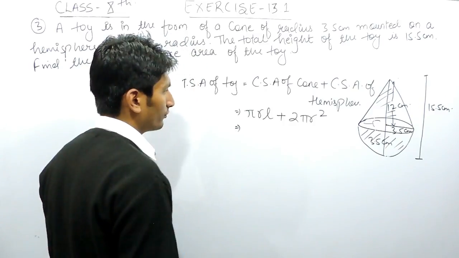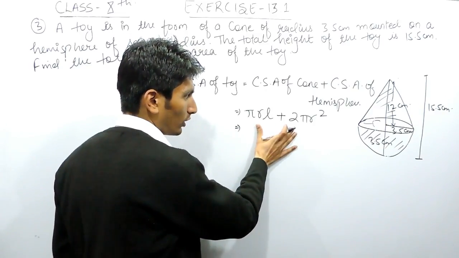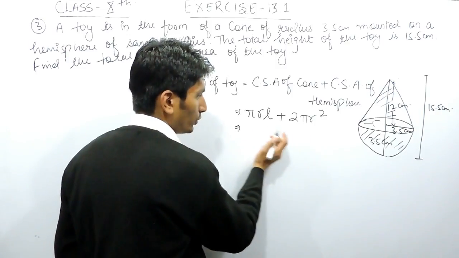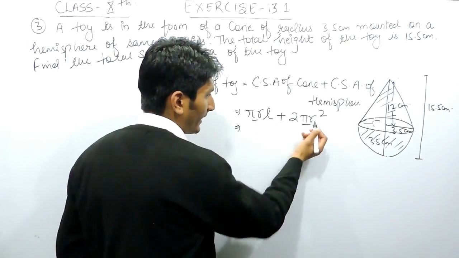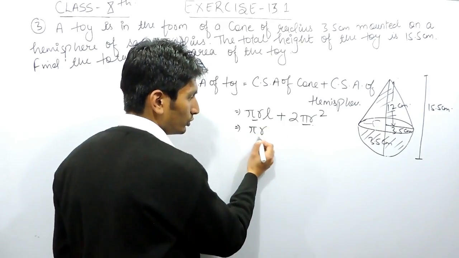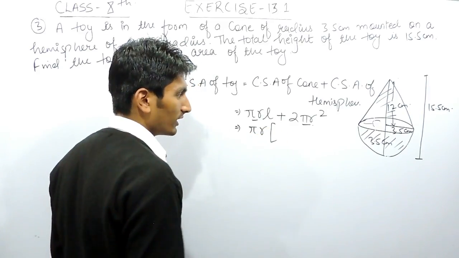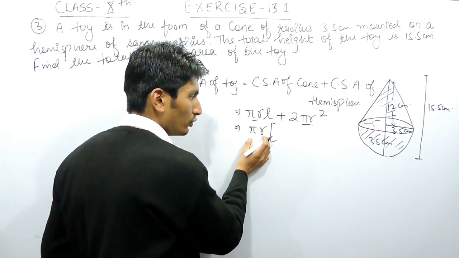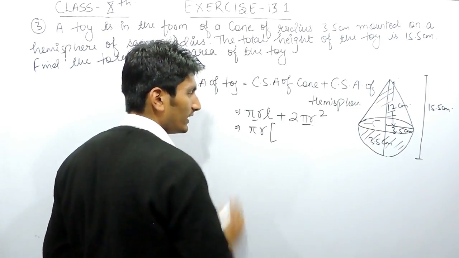Now if you want to solve this, instead of solving directly, you can take pi r as common, because if you do this, the solution will be smaller, since you will have to solve pi r only once.